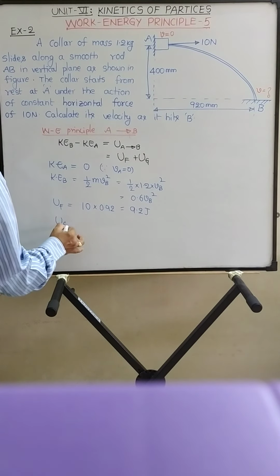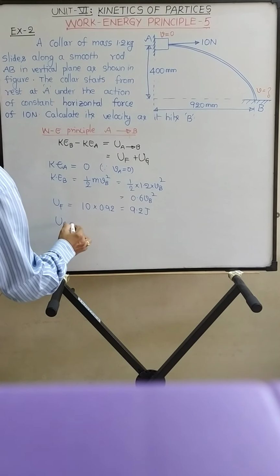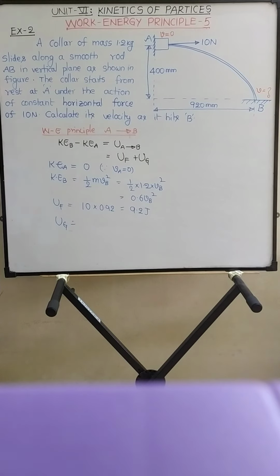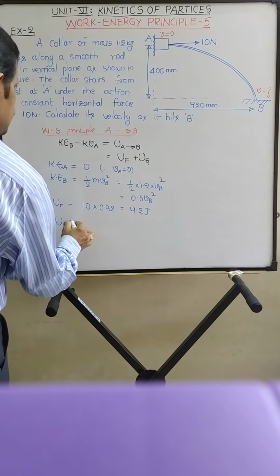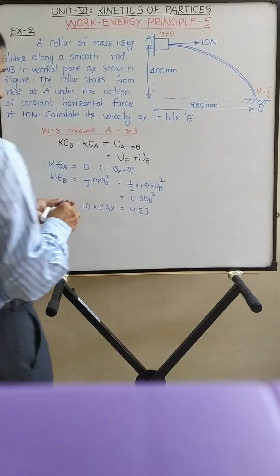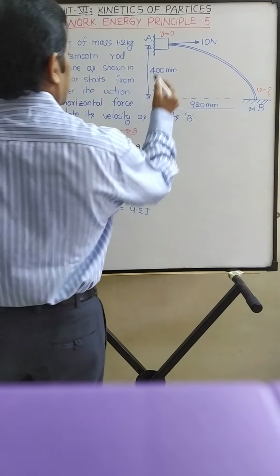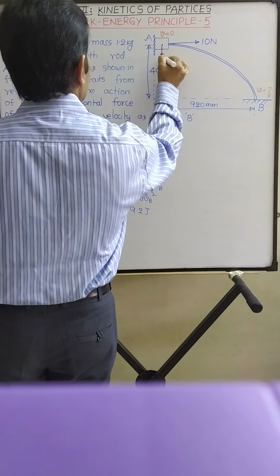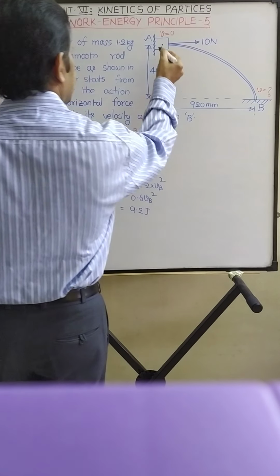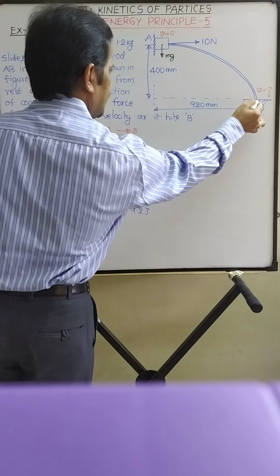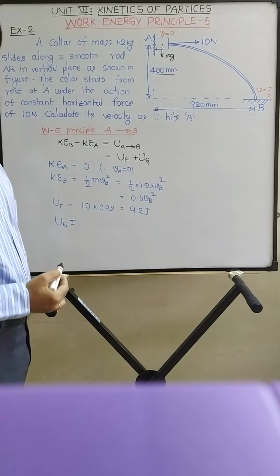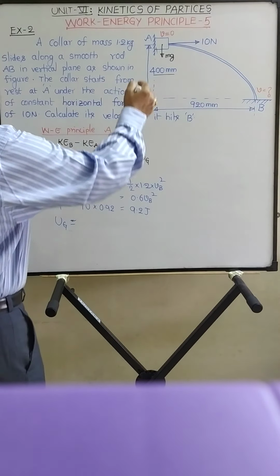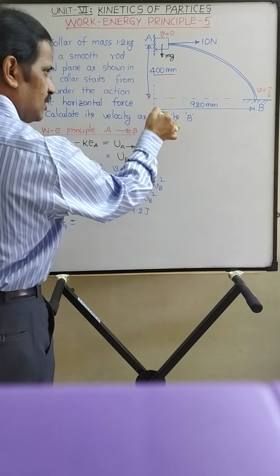Work done by the gravitational force. The gravitational force is acting vertically downwards, right? And the vertical displacement from A to B is also downwards by 400 millimeters. So the displacement is in the direction of force.